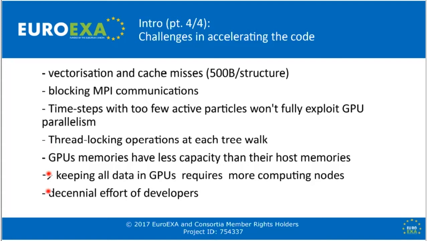And then the last problem was the general effort of developers that is still ongoing, and this was the main reason we chose OpenACC. We were not going to rewrite most of the code, and yeah.